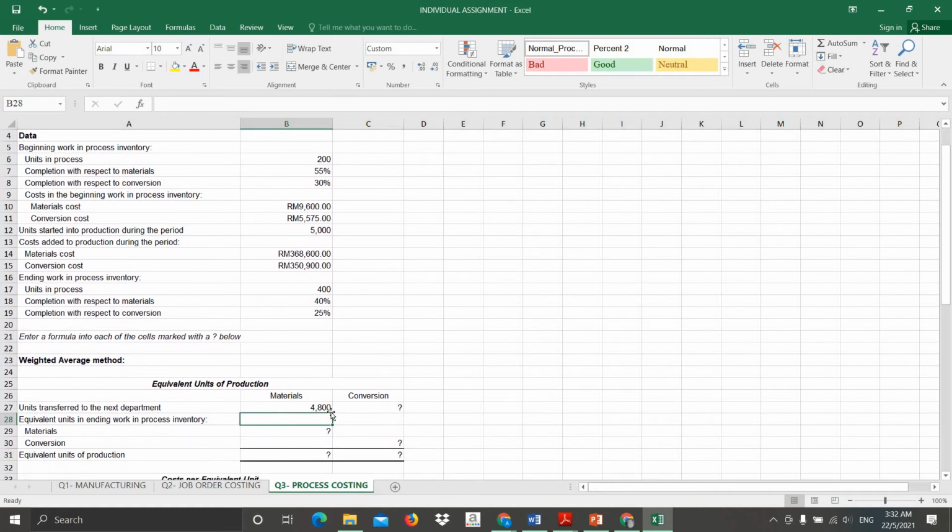So we get the 4,800 unit. Same with the conversion.